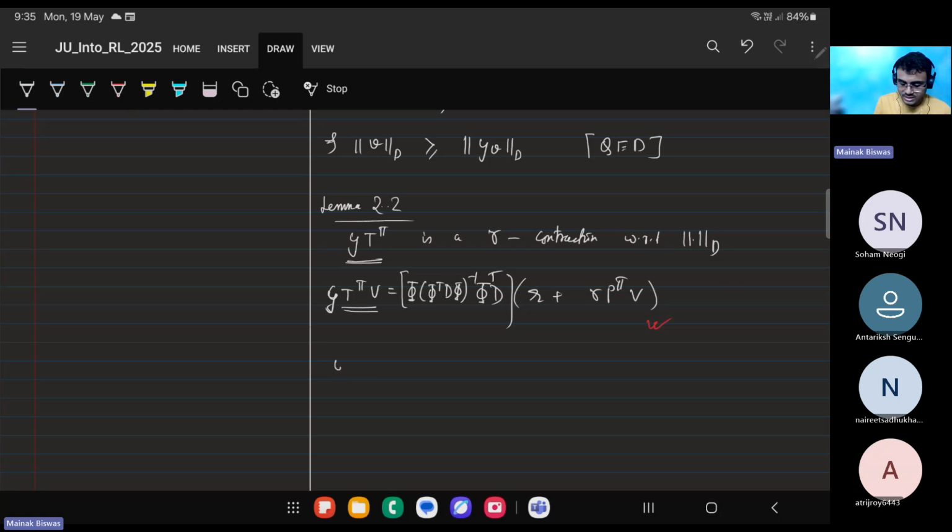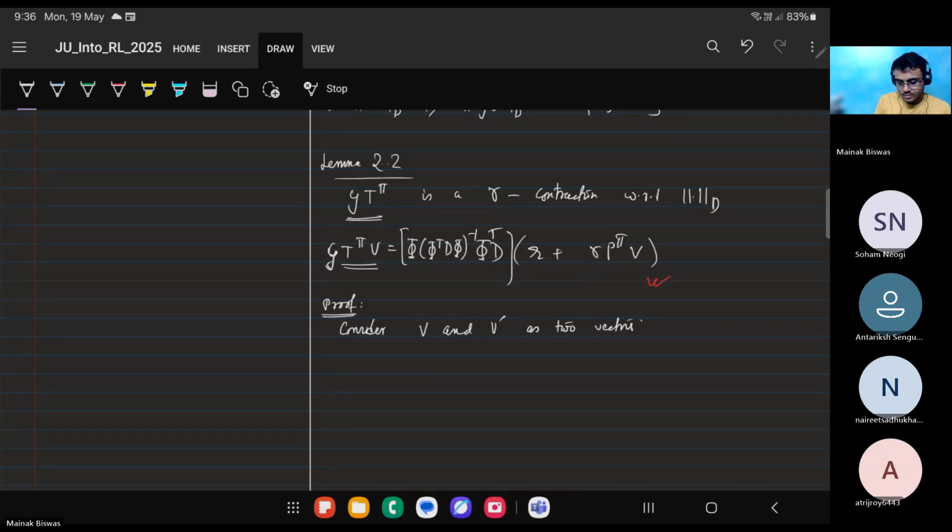Can you help me? How do I see that? All of you who have been following, how do I prove it is a contraction? What do I have to consider first? V and V dash as 2 vectors. Then I have to find G T pi of V minus G T pi of V dash, an upper bound for this.